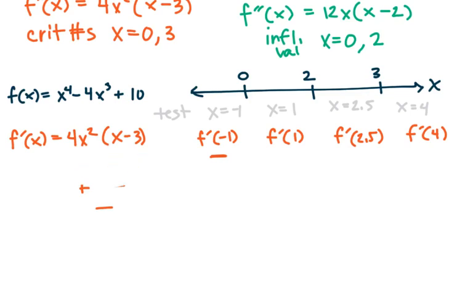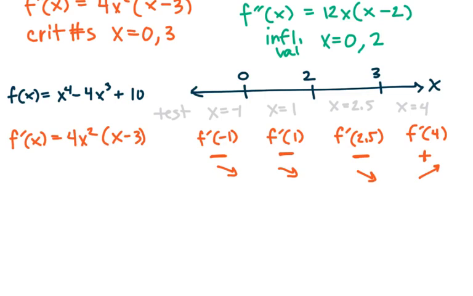All right? So running through this, and you should check this on your own, f prime of 1, I get a negative value. f prime of 2.5, I get a negative value. It's not till I get to f prime of 4 that it becomes positive. So I know we're going down, down, down, decreasing, decreasing, decreasing, and then we turn around and go up, increasing.